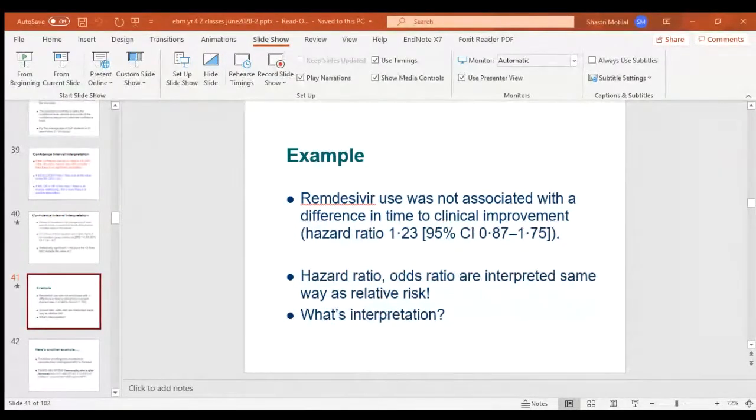Sometimes the treatment is as good as placebo, meaning it doesn't really make much of a difference, right? So the interpretation is really what I want you all to get out of this whole thing. So if you note this confidence interval, 0.87 to 1.75, that includes the value 1. What I'll do is give an example just to make sure you all get it.